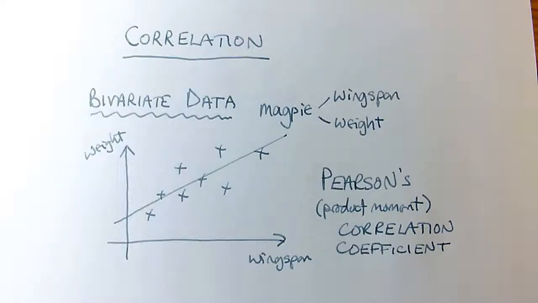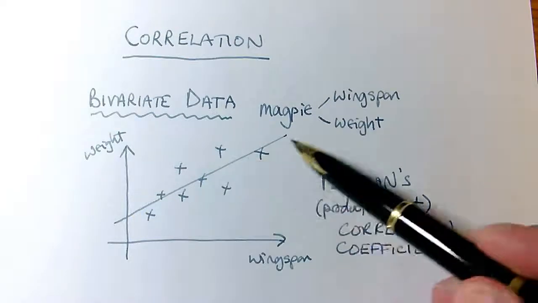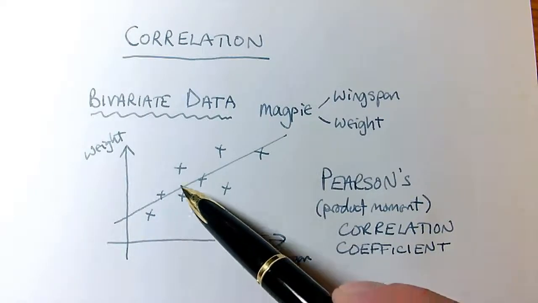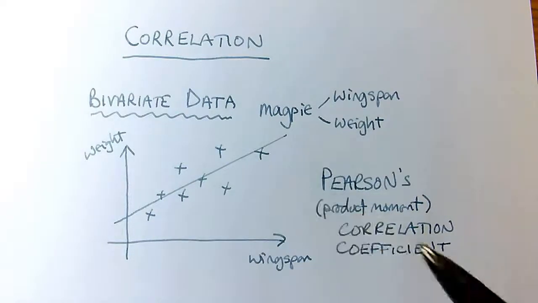But it's only suitable for linear models. So this straight line looks reasonable, but if I've got more x's, it might be that this relationship is actually a curve. There's not enough data to suggest that here.